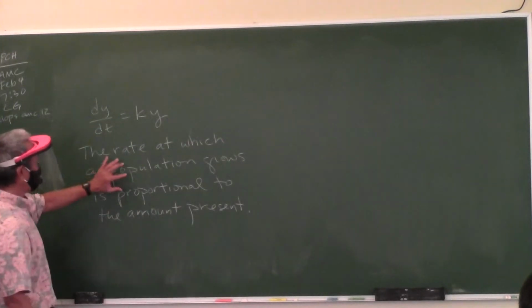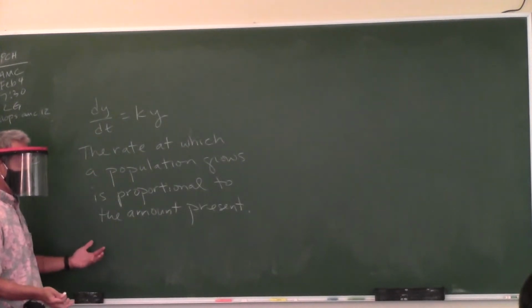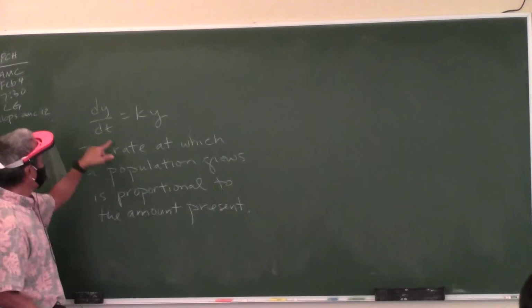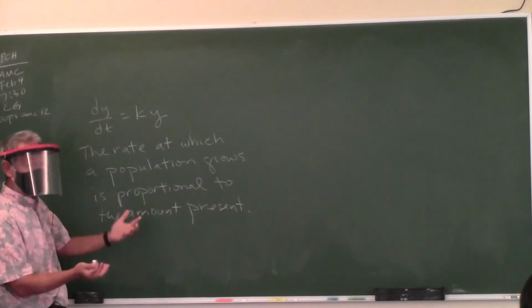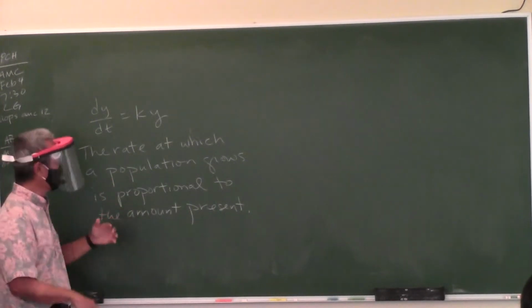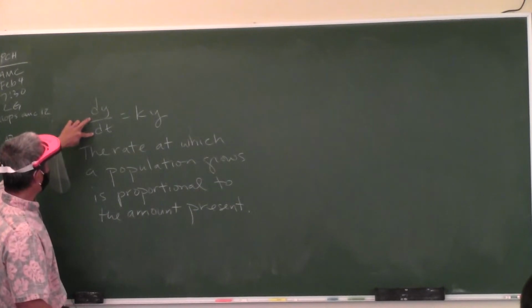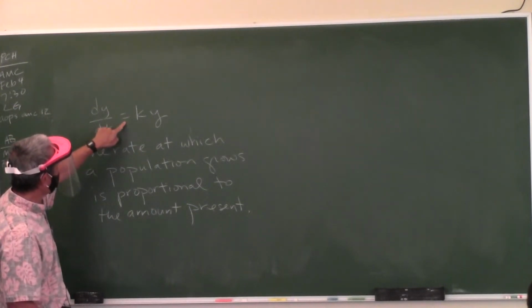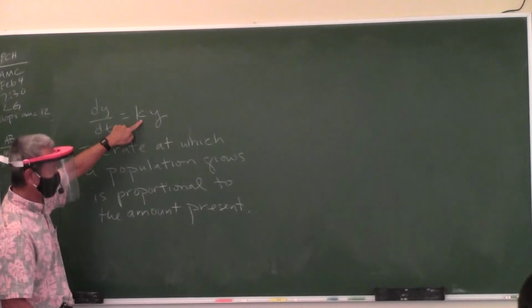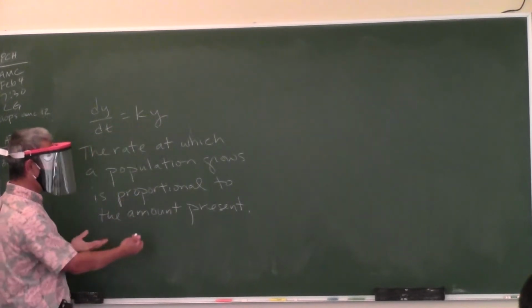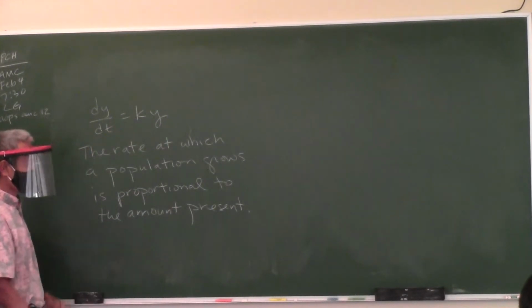See, the derivative is a rate. It tells you how fast something is changing. So the rate at which a population grows is proportional to the population itself, or to the amount that's left.